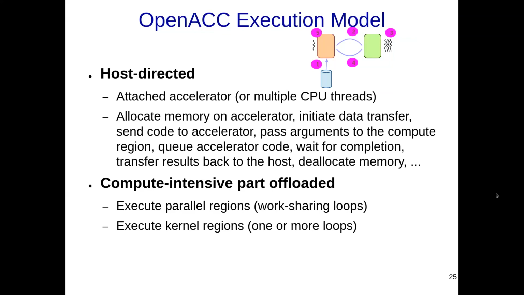This is one of the beautiful constructs in OpenACC, which can be very useful when you are starting your OpenACC programming. Even before you profile your code, what you can do is, okay, this is my sequential program, which is working correctly.